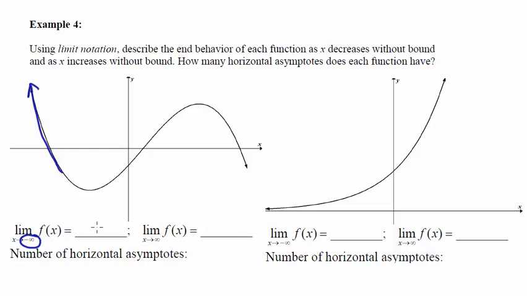So to represent upwards, I'm going to use a positive infinity. Over here in the next one, this tells me I'm going to the right. If I go to the right here, I'm going down, so that would be negative infinity. Now we want to know the number of horizontal asymptotes. Well, that would be in the case where we level off, so we don't have any here, so I'm going to put 0.